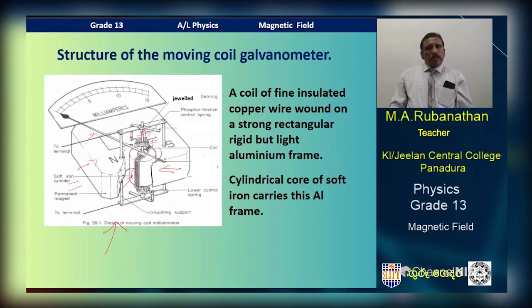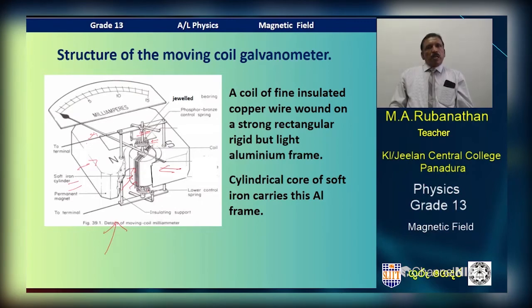And this one is the dual bearings. A coil of fine insulated copper wire is wound on a strong rectangular, rigid but light aluminium frame. That aluminium frame carries these copper coils.